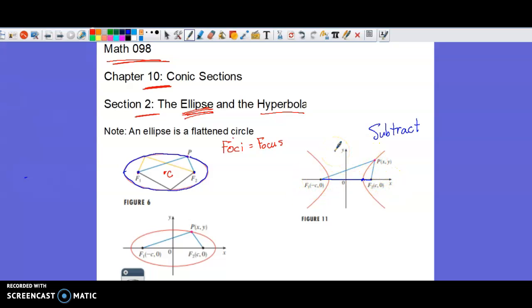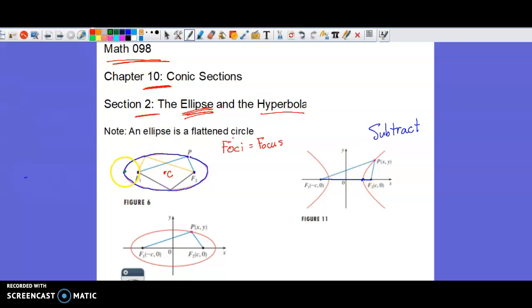But notice the difference is in an ellipse, the foci are inside of the ellipse, whereas in the hyperbola, the foci are, well, I guess you could still say they're inside the curves, but they're on the outside of these values.